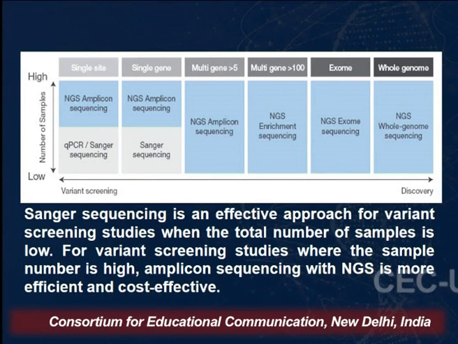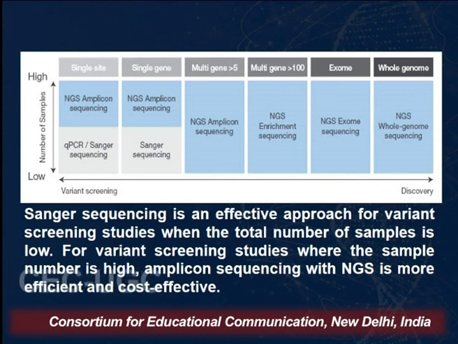When you have fewer samples and want to screen for variants, you generally use quantitative RT-PCR or the Sanger sequencing method along with that. But if the number of samples is high, you go for the next generation sequencing method.